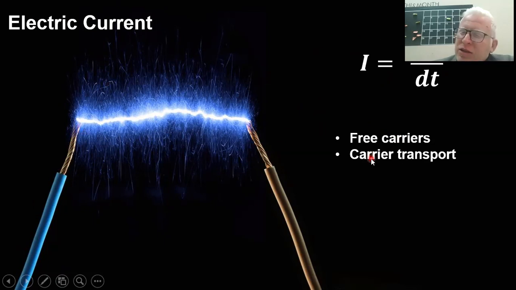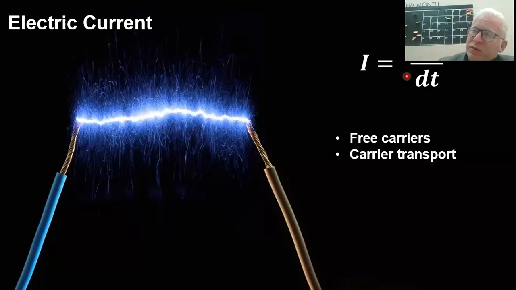The first is to have a free carrier. These free carriers have three scenarios. Either you have the natural free carriers due to the internal thermal energy, what we call the intrinsic concentration. You can increase the electrons if you make an n-type doping, or you can increase the holes if you make a p-type doping. That's what we call the free carriers.